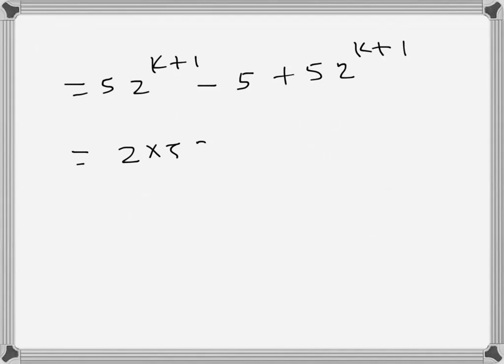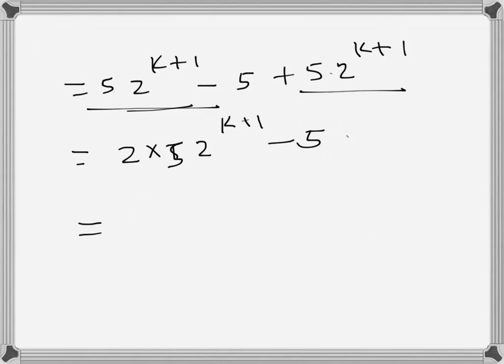So it becomes 5 times 2 to the power k plus 1 minus 5, plus 5 times 2 to the power k plus 1. So 5 plus 5, that is 2 times 5, times 2 to the power k plus 1, minus 5. These two are added, so basically it's 10 times 2 to the power k plus 1.